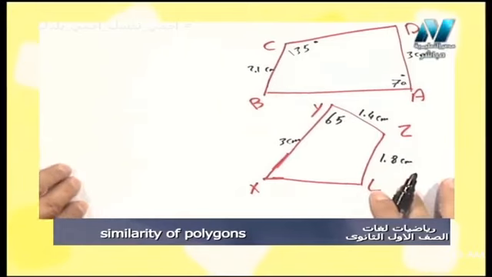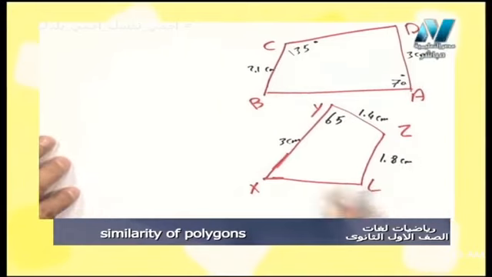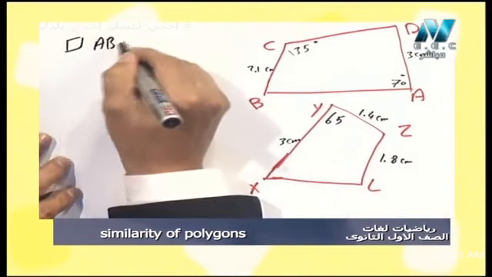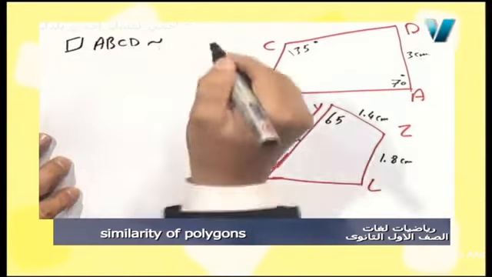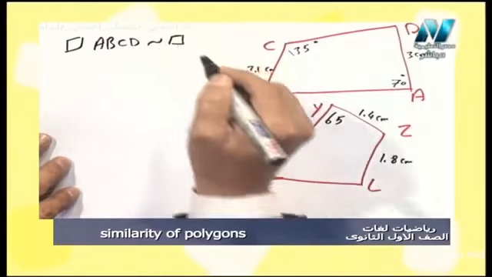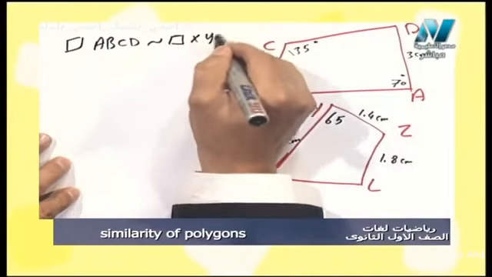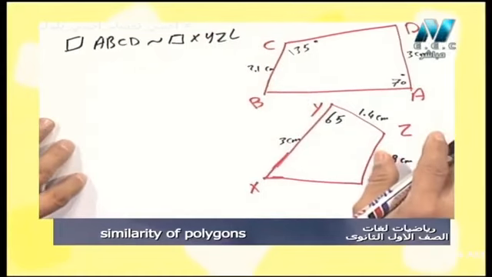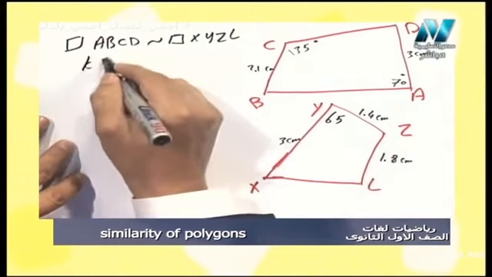Okay, and it's given that the quad ABCD is similar to the quad XYZL. What is the request here? The request here is to find K. Which is K?